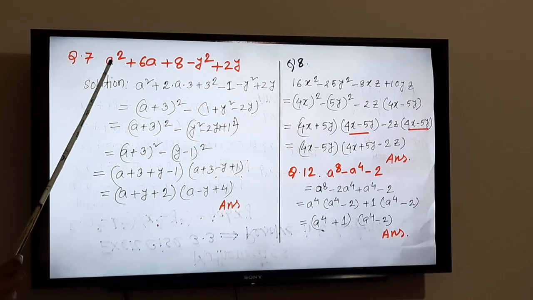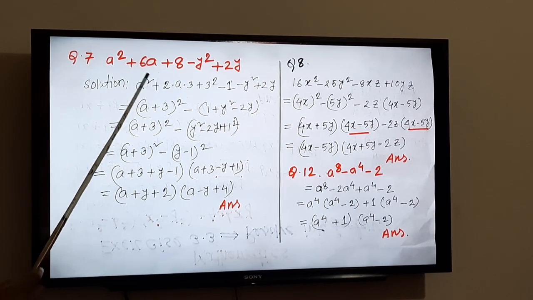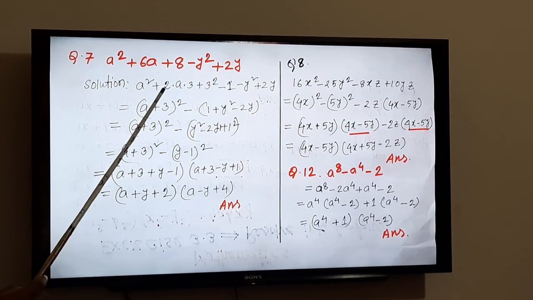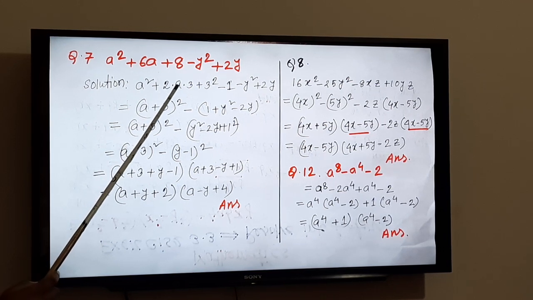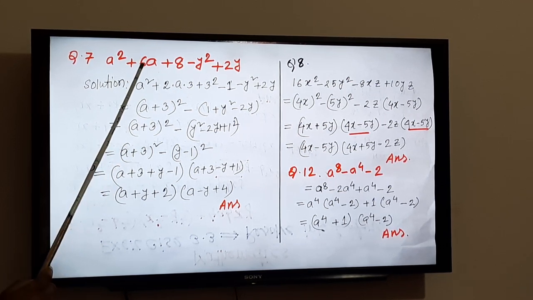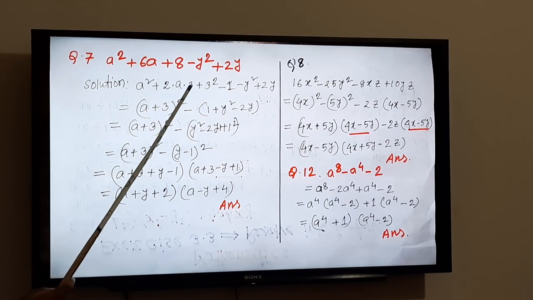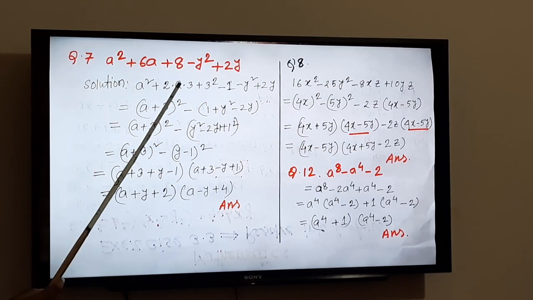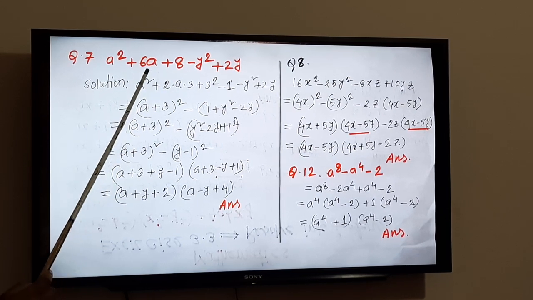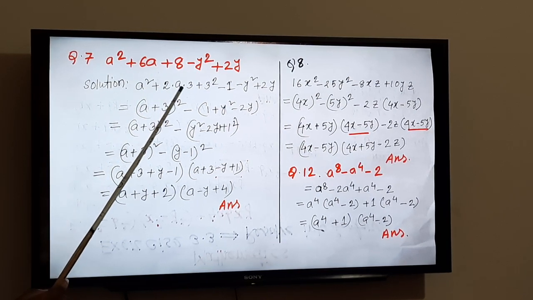Okay, so a square, we can write it a square. 6a, we can write it 2 into a into 3, because 3 and 2 multiplied is equal to 6.